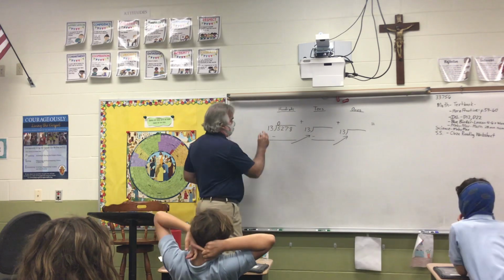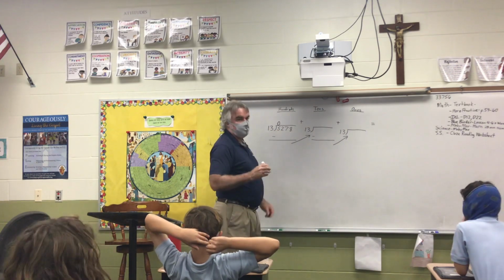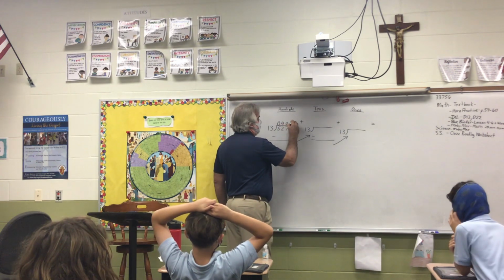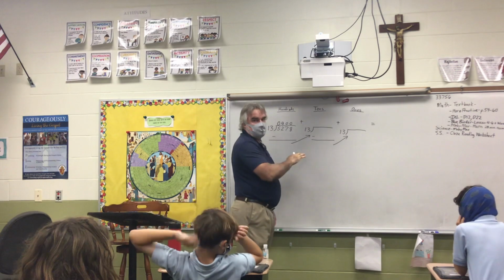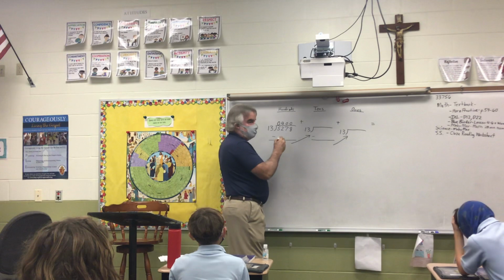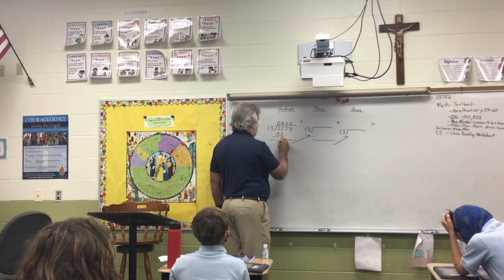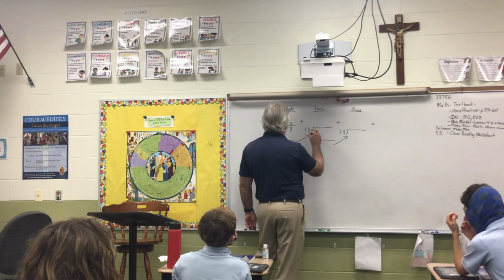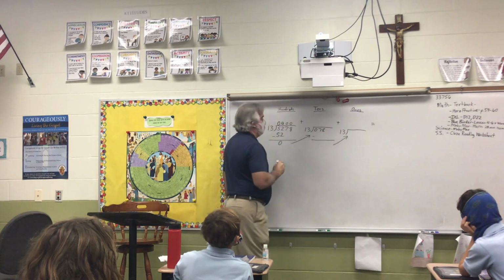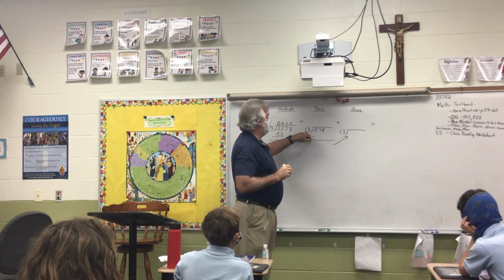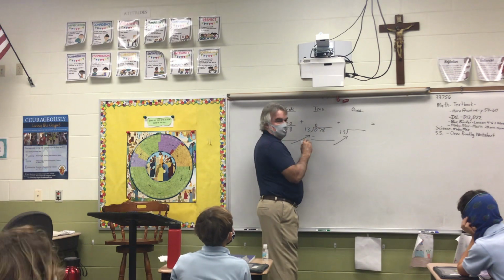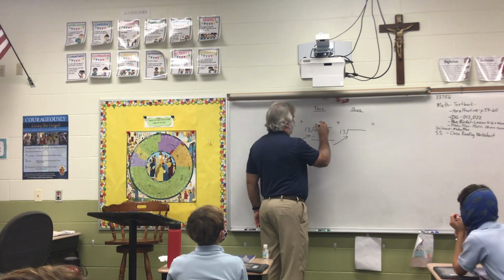Now, 13 goes into 52 4 times. And I'm going to make the rest of these zeros because I'm going to take this answer and move it on over. 13 times 4 is, wow, 52. I get 0. So I'm bringing over the 0, 7, 8. Now, does 13 go into 7? No, it doesn't.